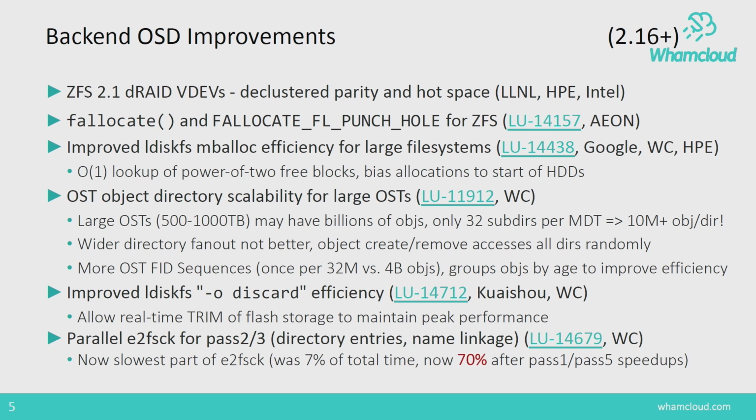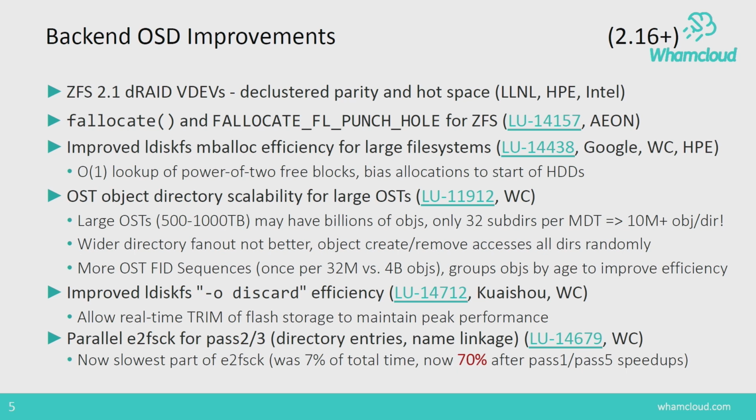Also, I mentioned under the mballoc presentation that OST sizes are growing, not just because individual disks are growing, but because of declustered RAID. You want to have more and more disks in a declustered RAID group, so the size is growing kind of exponentially.